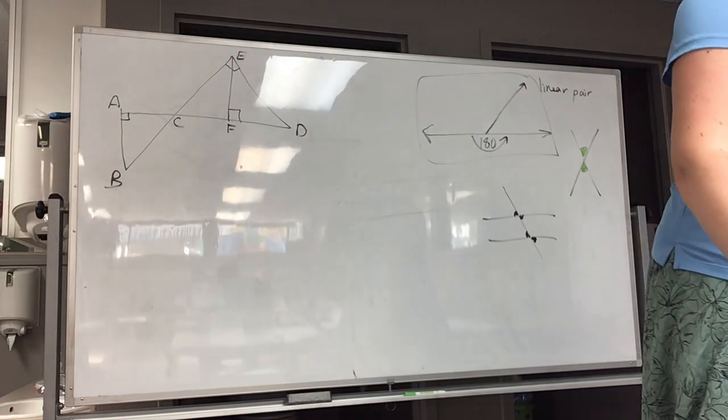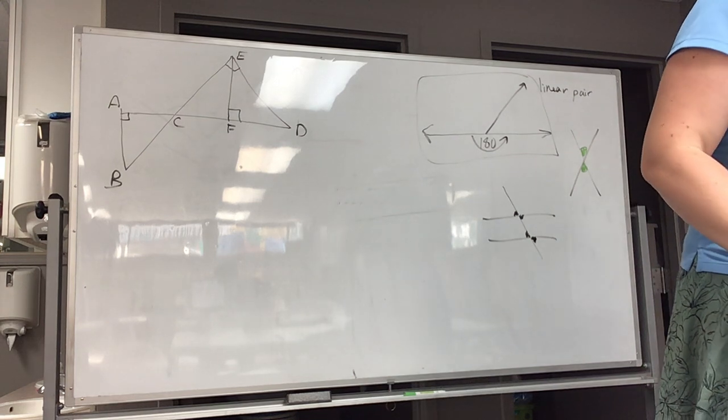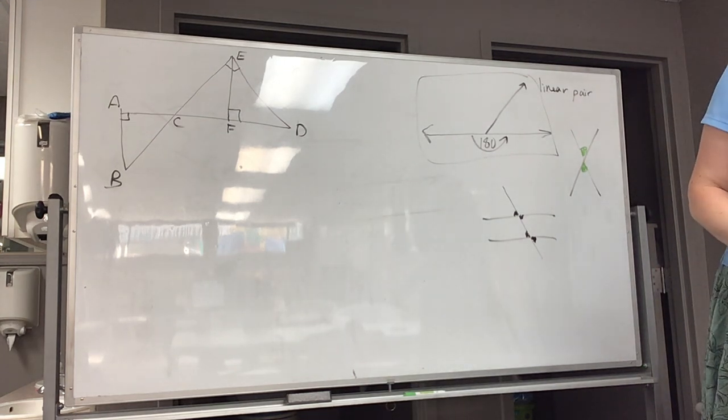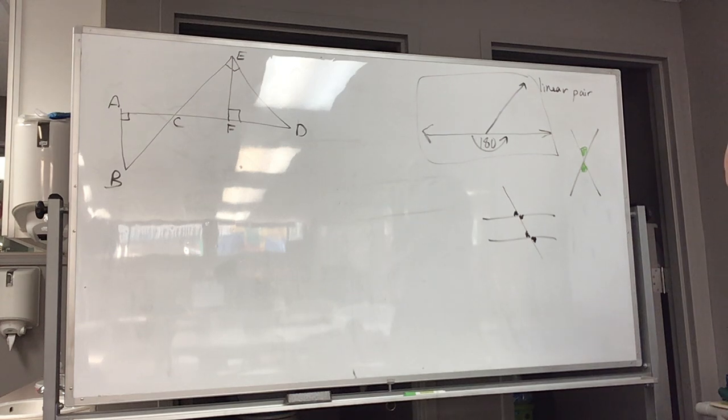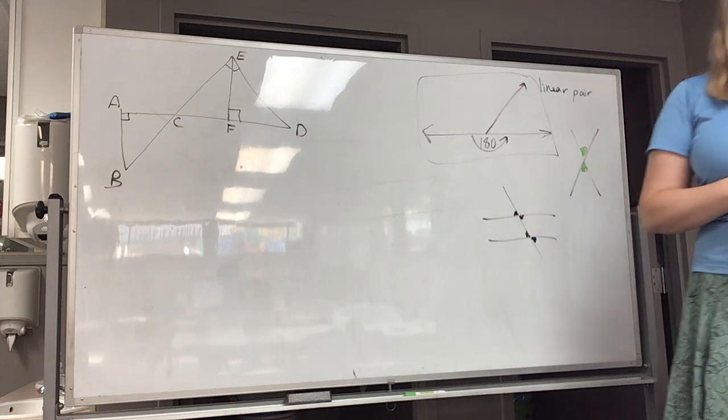And the question says, which of the following statements is not justifiable from the given information? So they've given us this picture.